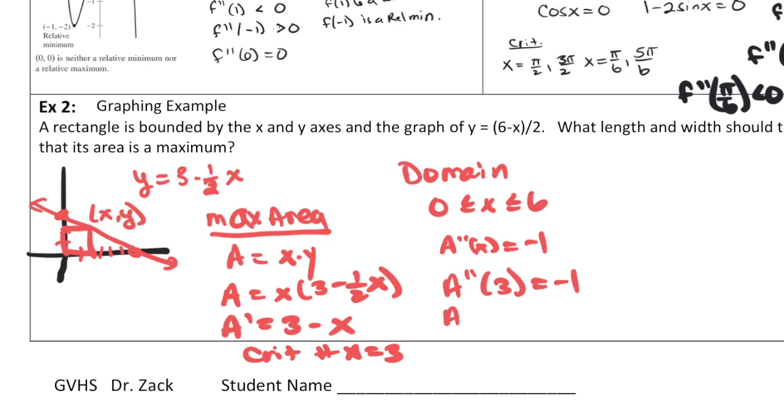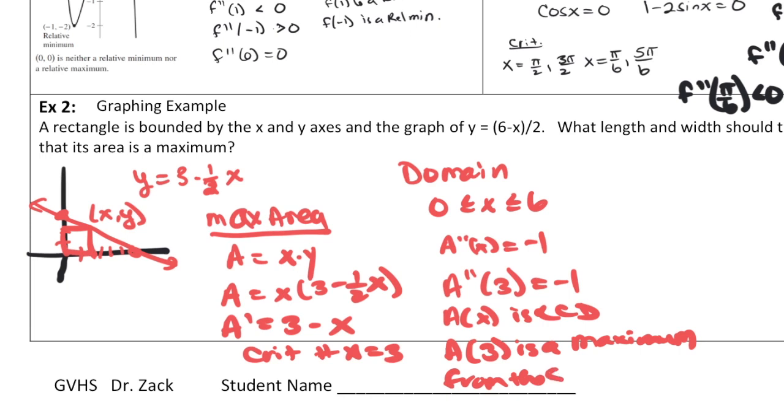So A of x is concave down on this interval, and A at 3 is a maximum because it's concave down. So this is from the second derivative test.